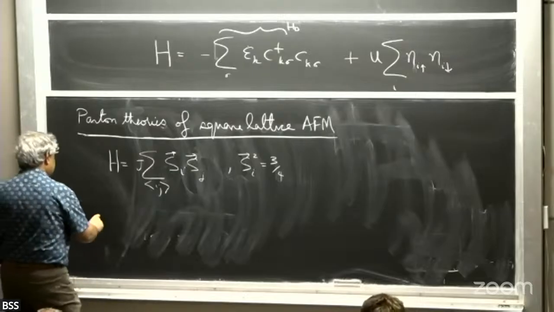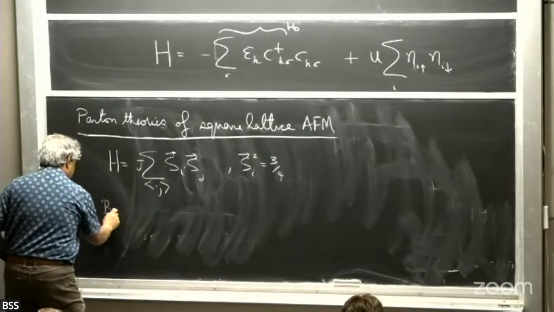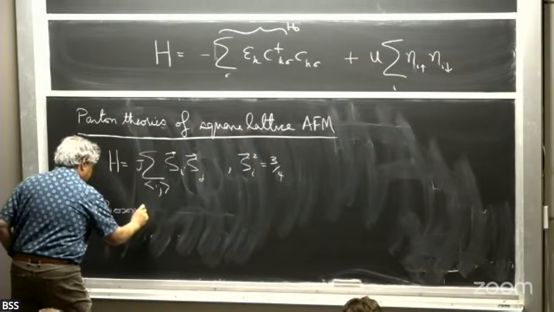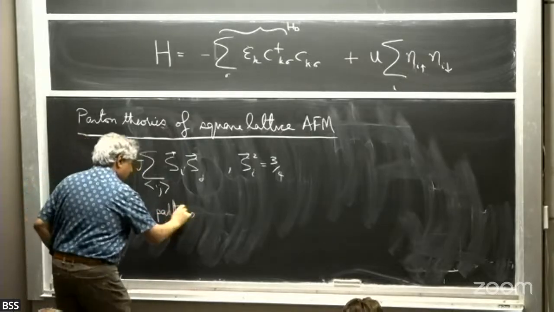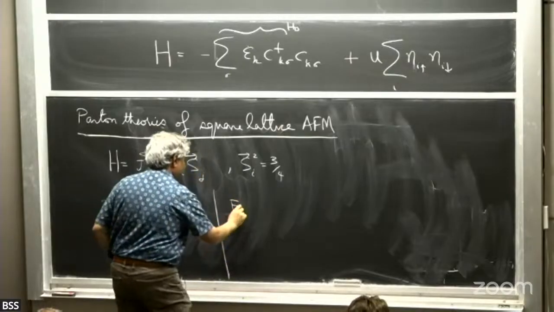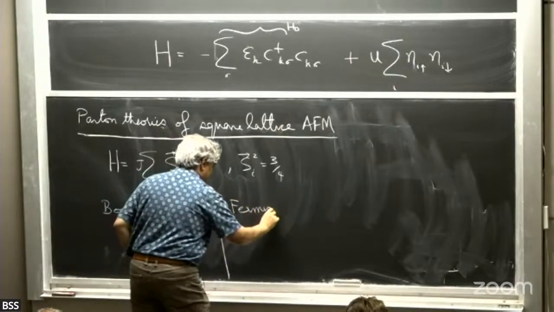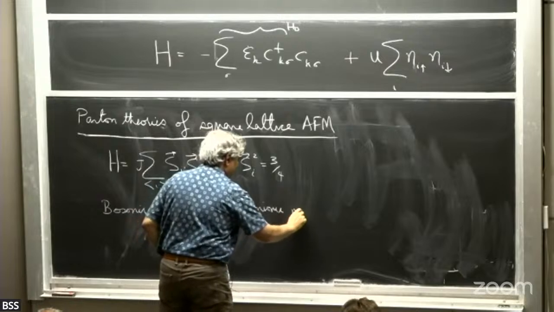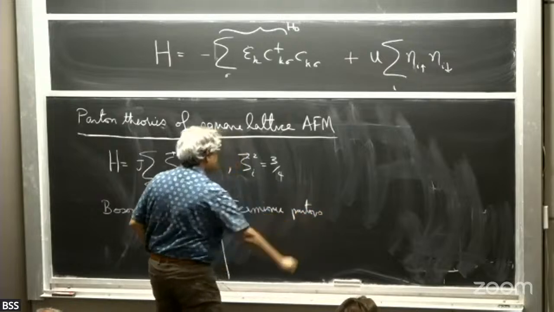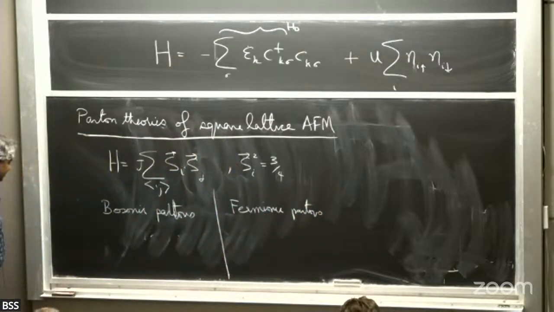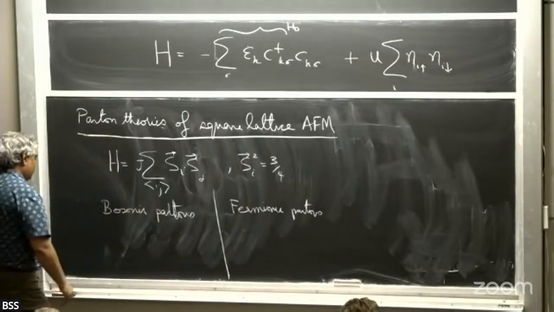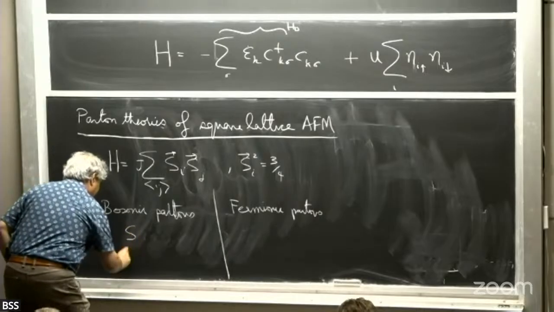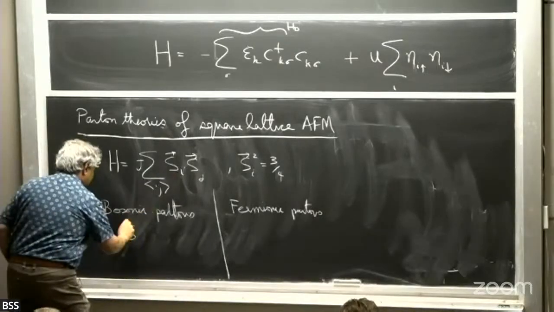There are two ways to do it. Bosonic partons, and fermionic partons. Both of them are in principle exact. So you might wonder which one to choose, and different people obviously made different choices in the earlier days. One choice is to write each spin operator, I'll drop the index i, you can put it in later.